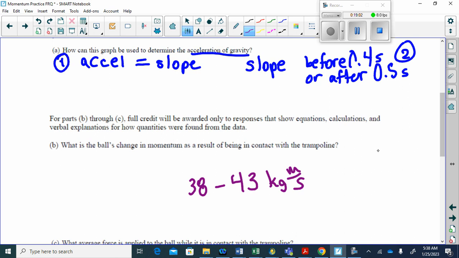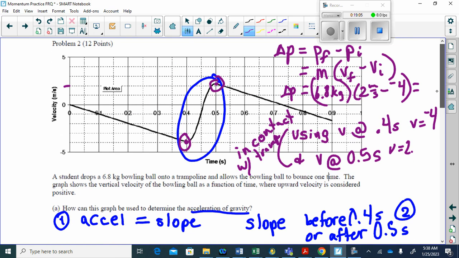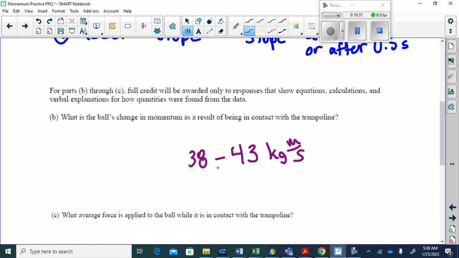Now, to look at points for part B, the third point is for stating the velocities at the time and indicating that it's in contact between 0.4 and 0.5 seconds. Another point is for using those velocities in some kind of change in momentum equation or calculating the initial and final. And then the last point is for a value somewhere in this range.